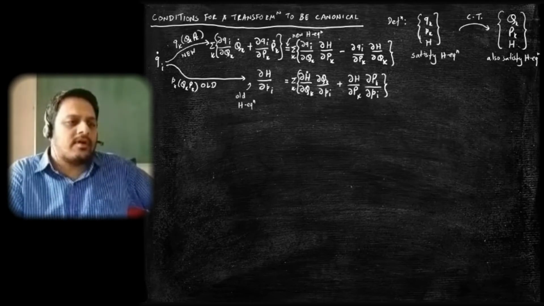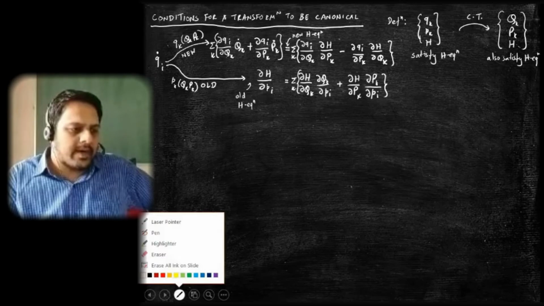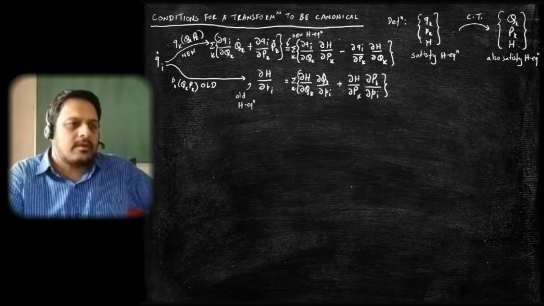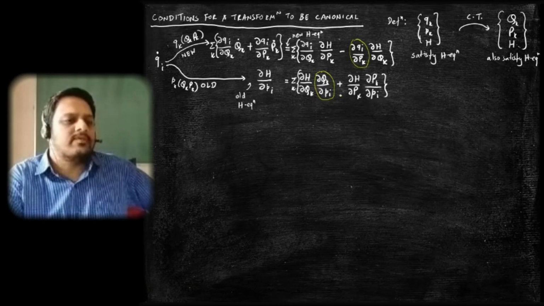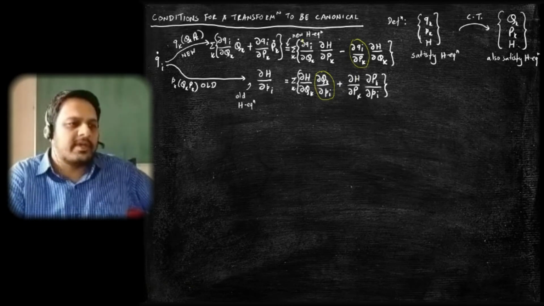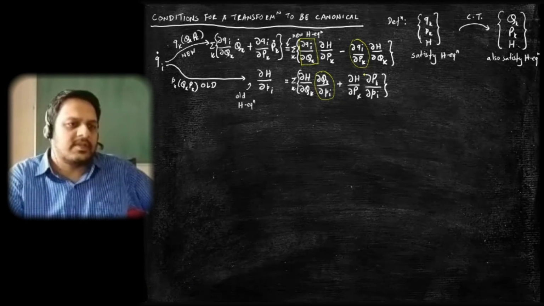Basically, you have got two terms which are multiplying ∂H/∂qk. One is this and one is this. Similarly, there are two terms which are multiplying ∂H/∂pk. I'm going to put them in squares instead of circles so that it is clear. One is this and one is this.